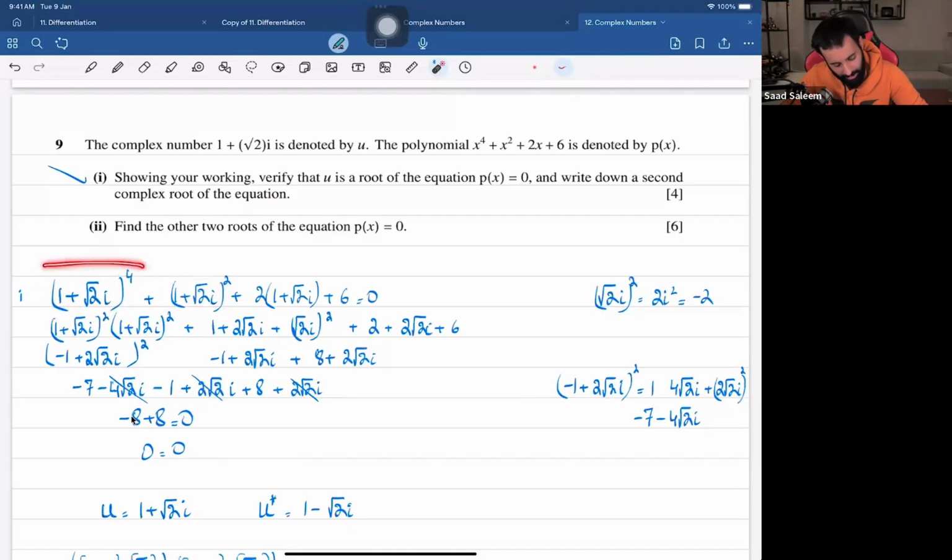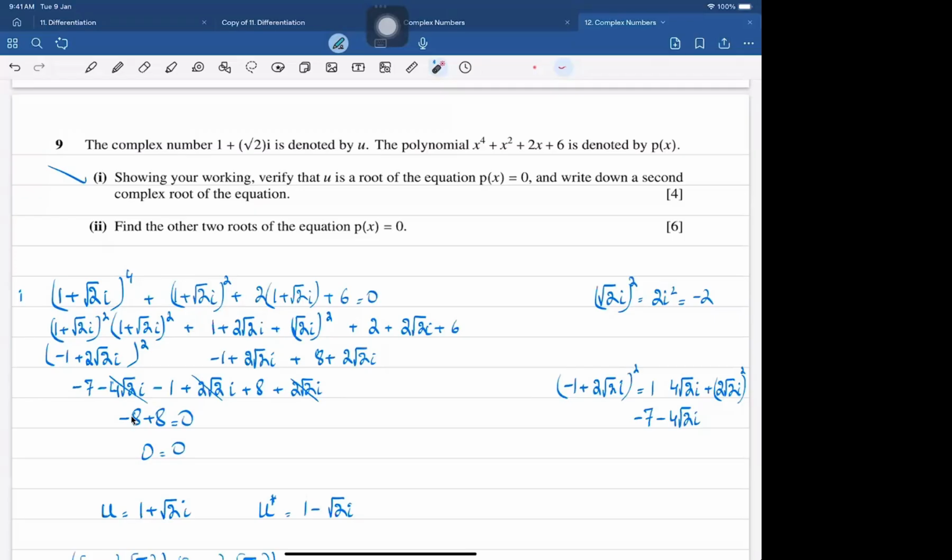So we break this down into this. Now we have to expand 1 plus root 2 iota the whole thing square, which we've done here, and this is what it simplifies to. So that's why we replace the expansion with minus 1 plus root 2 iota. Now that's what we're squaring.